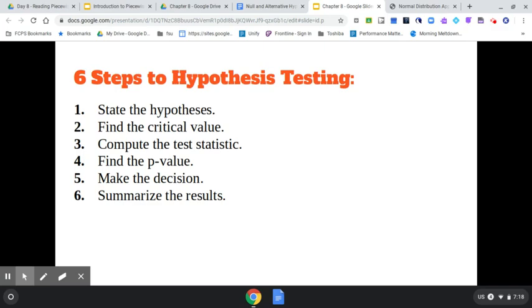We never want to use x bar or sample statistics when we write our null and alternative hypotheses. The remaining 5 steps we'll add on tomorrow. We're going to be finding the critical value, computing the test statistic, finding what's called the p-value, making the decision about the process, and summarizing the results.